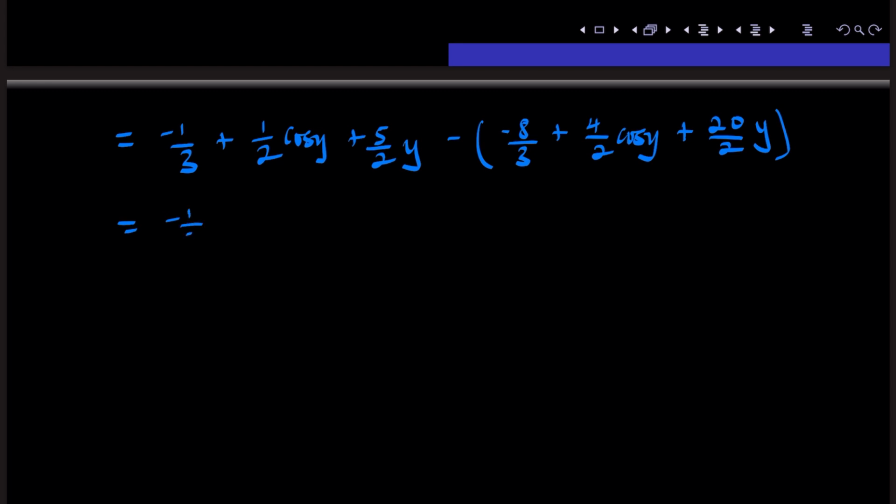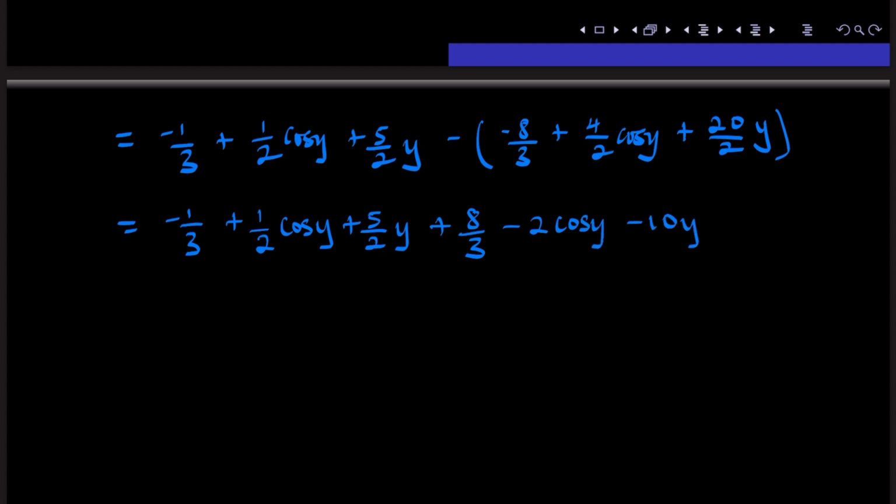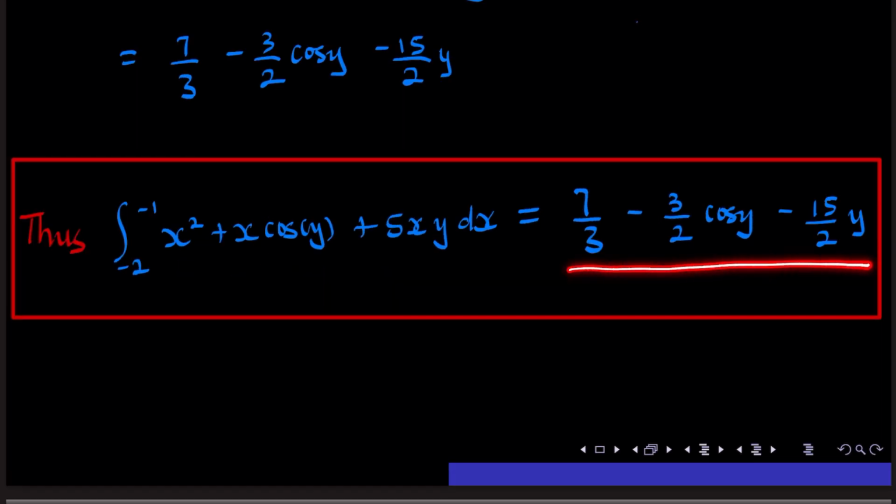So we are going to have -1 on 3 plus 1/2 cosine of y plus 5 over 2 y plus 8 on 3 minus 2 cosine of y minus 10y. Adding like terms gives 7 on 3 minus 3 on 2 cosine of y minus 15 on 2 y. Thus the inner integral is given below.